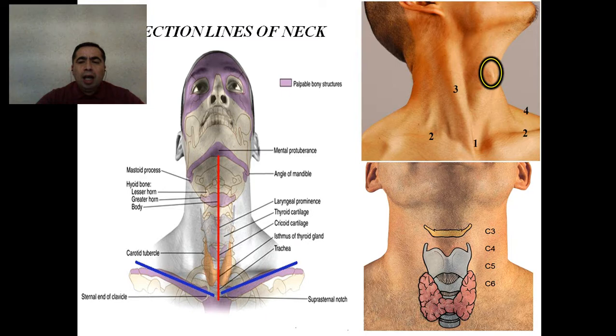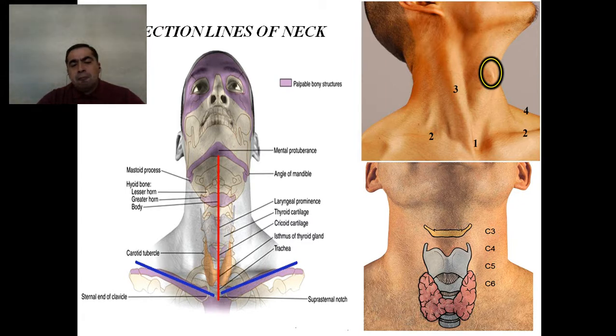And please look at the position of several very important landmarks, like the hyoid bone, this one, then the thyroid cartilage, which is very prominent in males, and especially in thin persons.